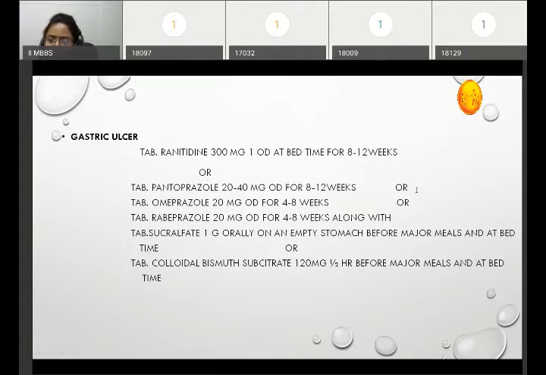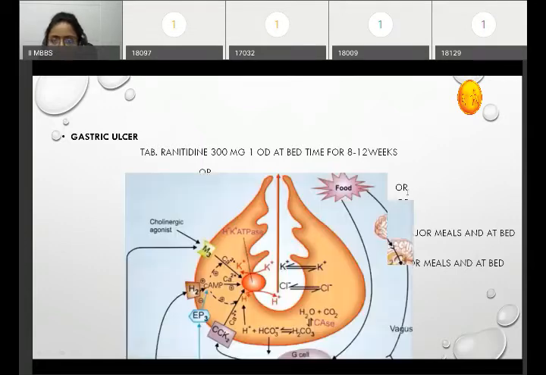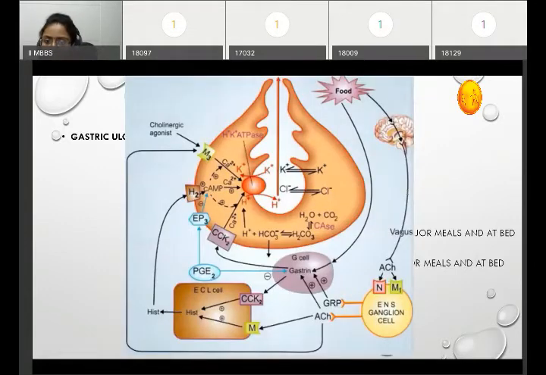Can anybody tell me what drugs are given for peptic ulcer? Tell me some drugs given for peptic ulcer. Yes, right. PPIs. Other than that, H2 blockers.